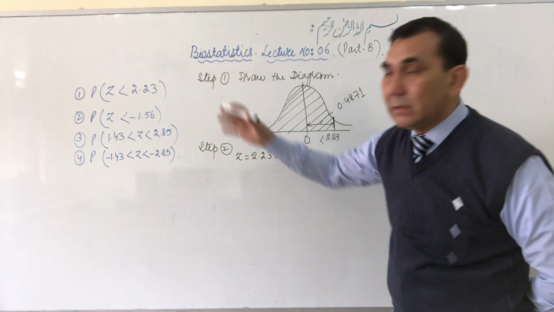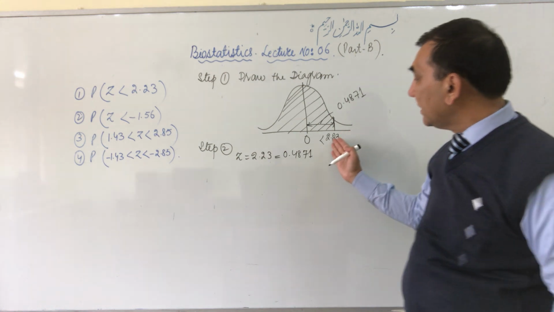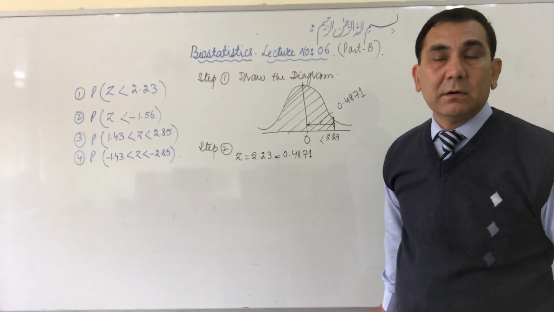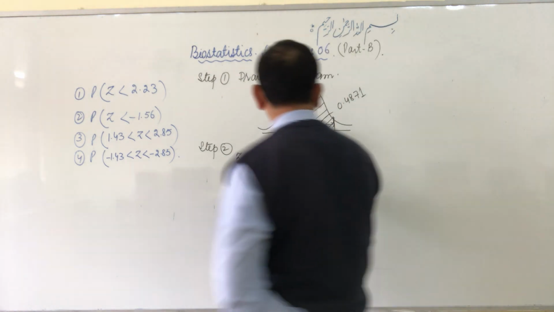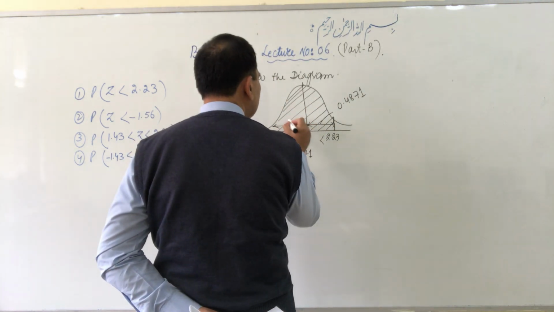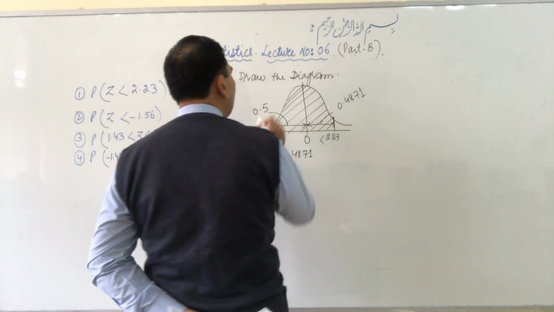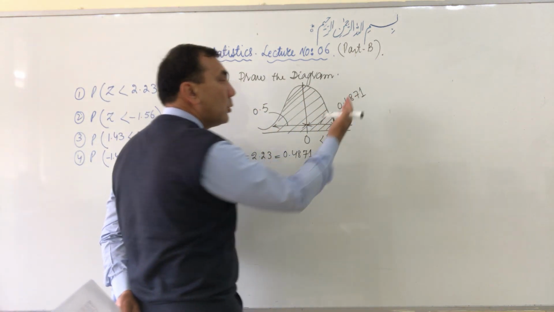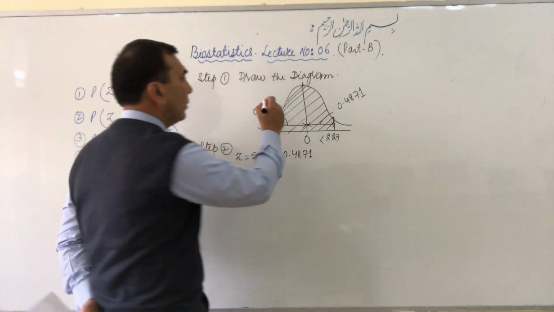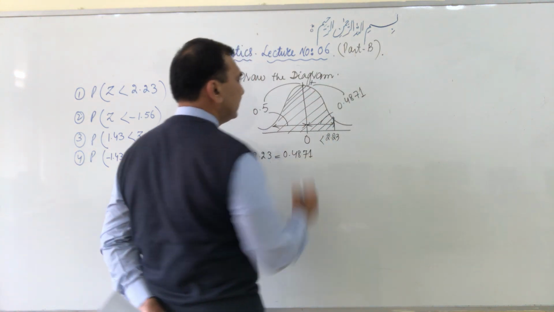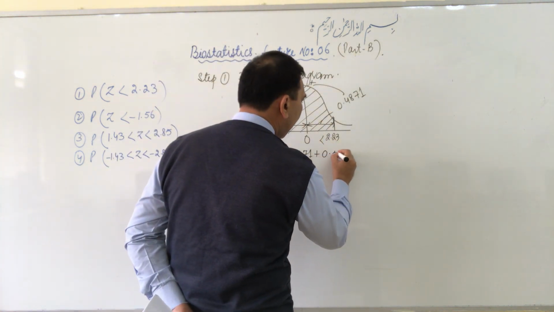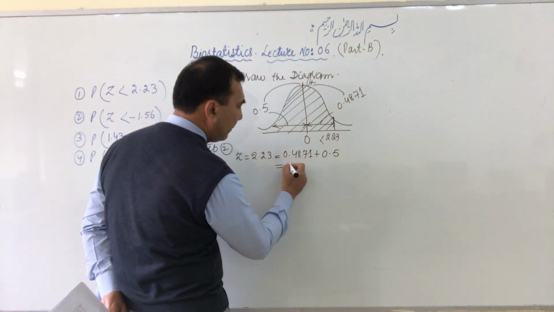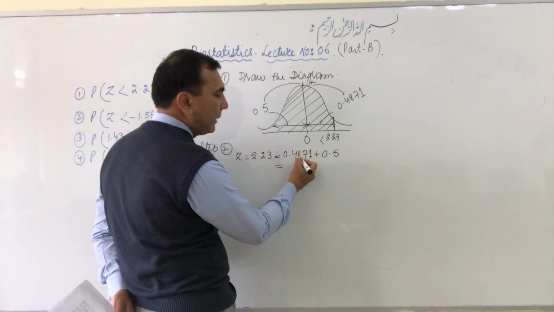Now the numerical is asking for the area below 2.23, which we shaded in the diagram. From the left up to 0 it is 0.5, so we add 0.5 to 0.4871.